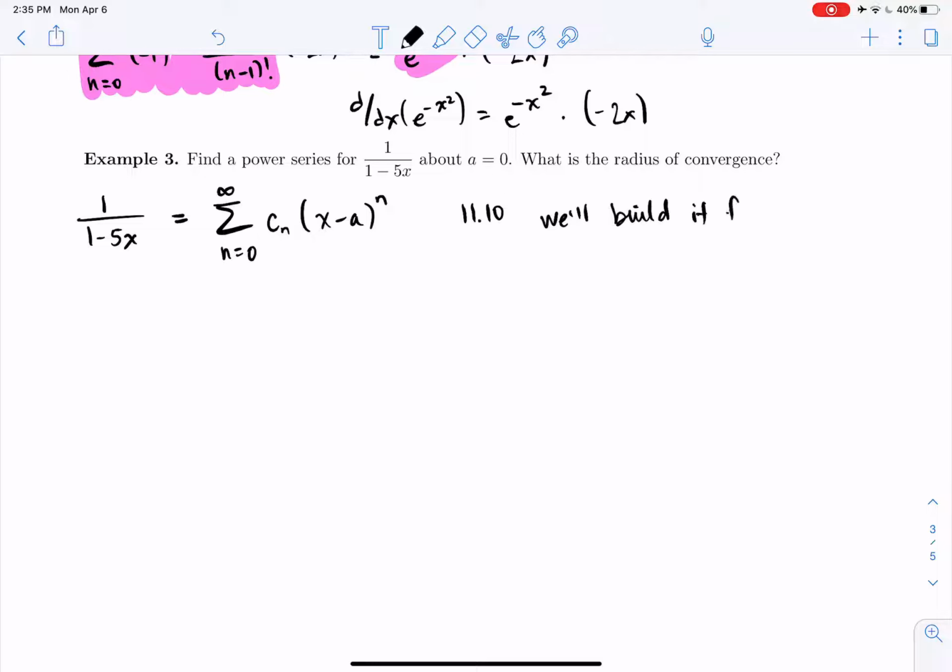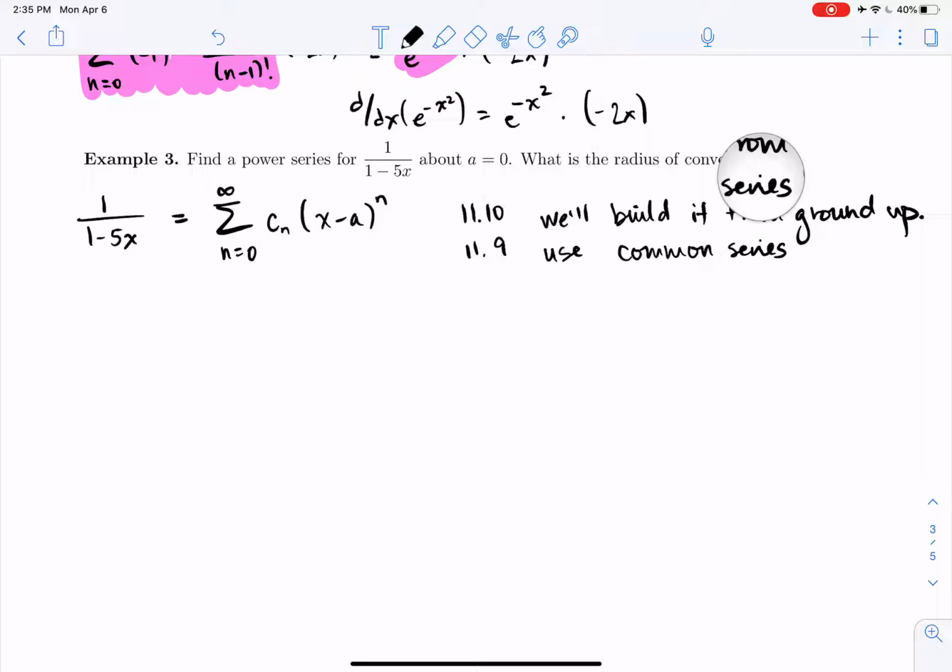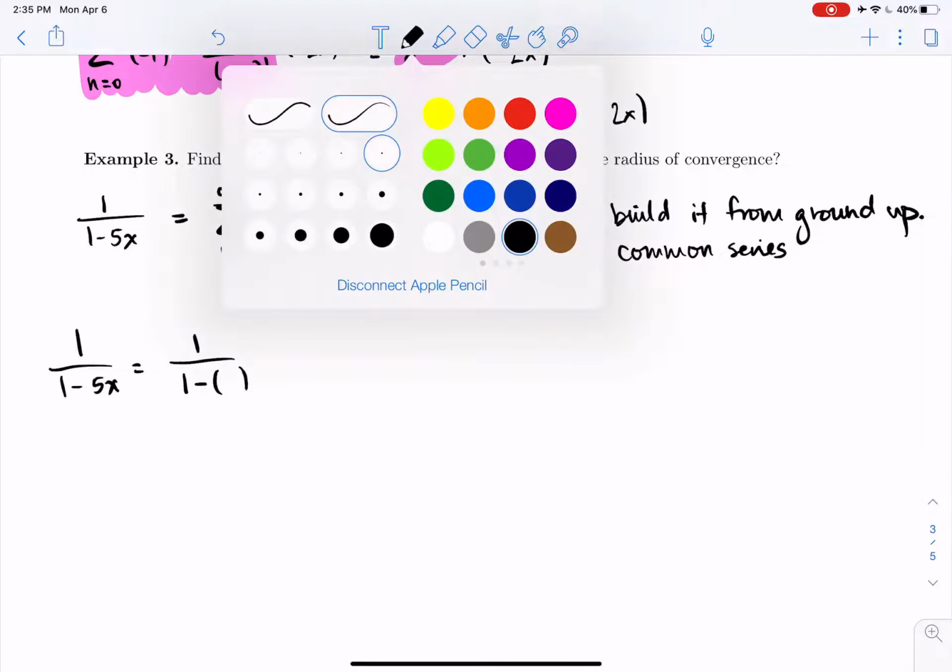In this section, what we're going to instead do is use a common power series and make the appropriate transformation to that common series so that it fits the series that we're interested in. So notice that 1 over 1 minus 5x is just 1 over 1 minus x, where we've plugged 5x in.